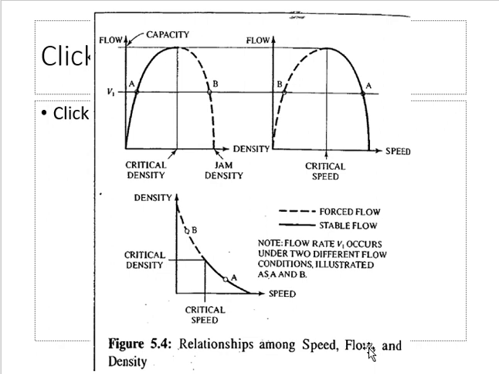Clear? Density increases, flow increases. More cars are on the road and they are moving. So if somebody looks from the top, he will see more cars, and if somebody is counting, he will see more cars passing.